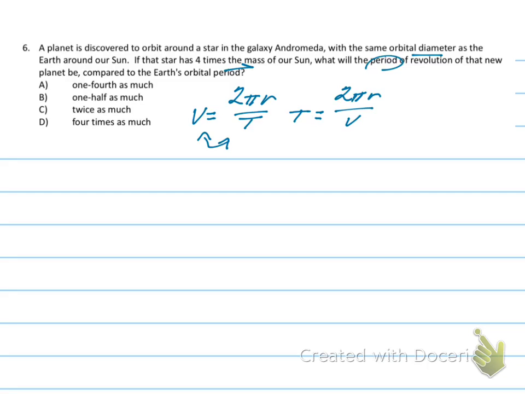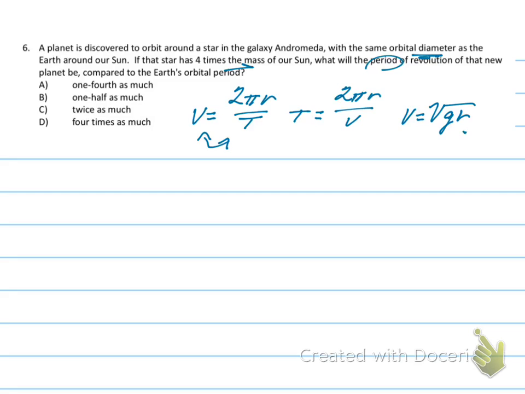Okay? And we know the velocity when we're in orbit is going to be equal to the square root of little g times r. And since they state it's the same orbital diameter, this r is not going to change. So the velocity is dependent upon the square root of little g.